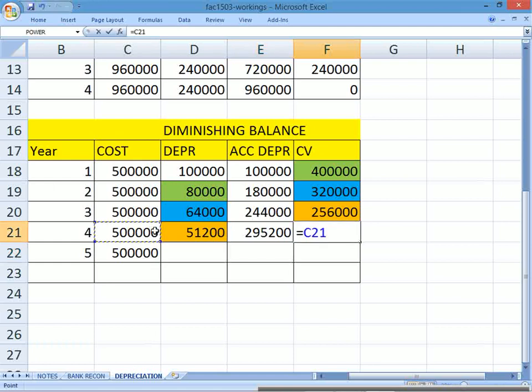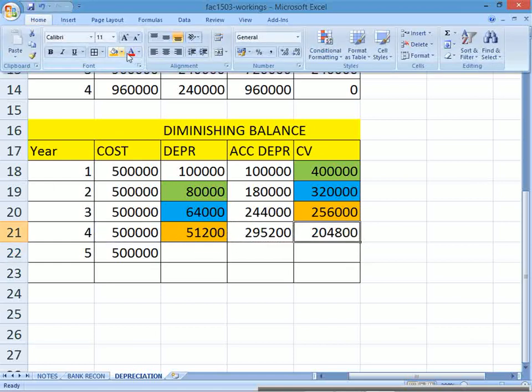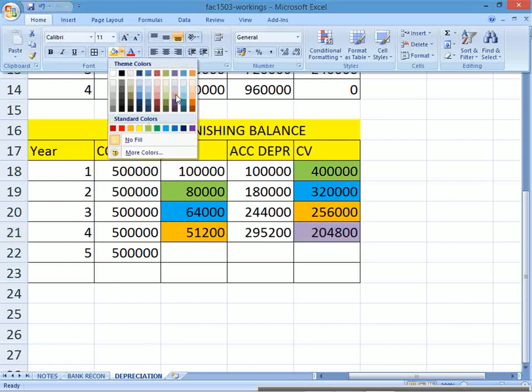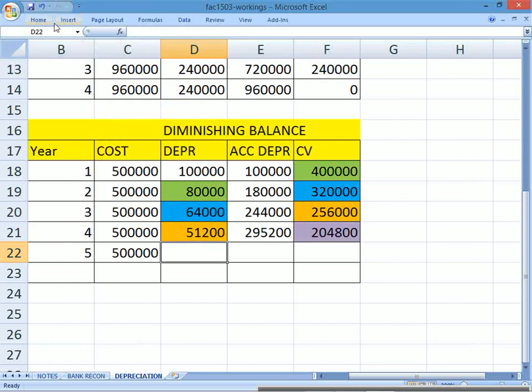Carrying value, cost minus accumulated. Right, and then the final line, depreciation is going to be that. Okay, it gives you 163,840.